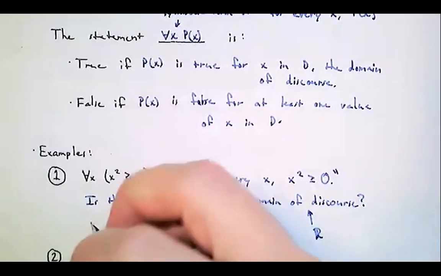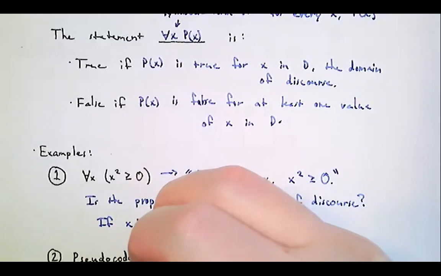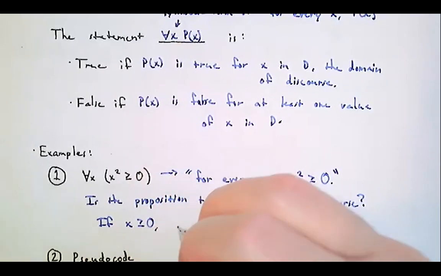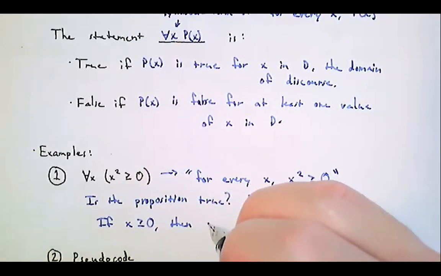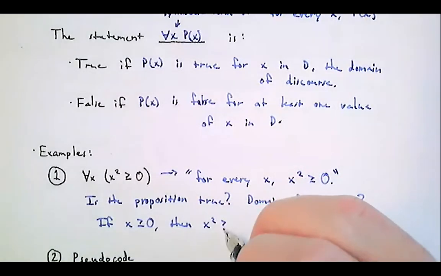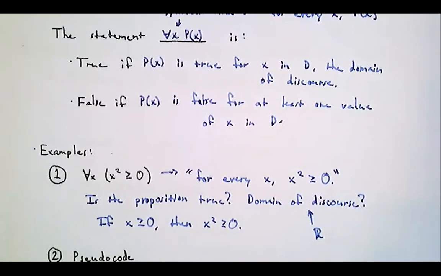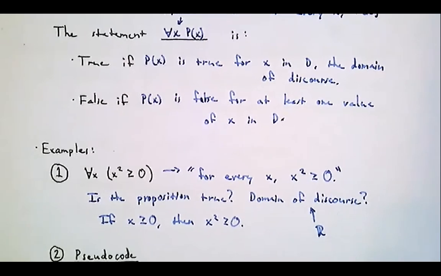Okay, so if x is positive, let's say if x is greater than or equal to 0, then you're saying that x squared is definitely greater than or equal to 0. That's good, right? You're multiplying a positive number by itself. And Kendrick, yes, you're right.